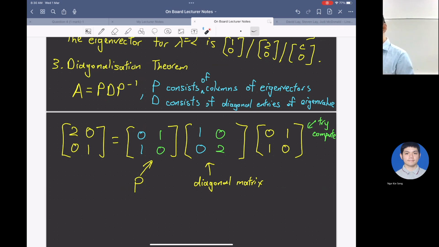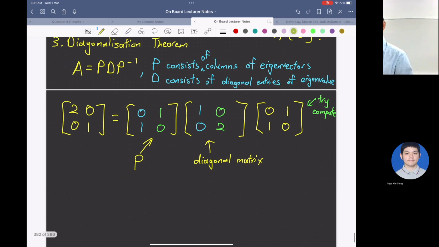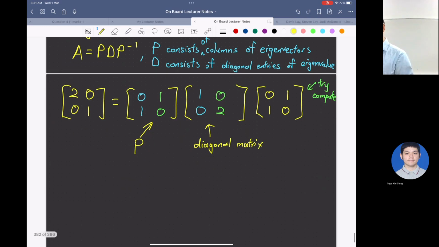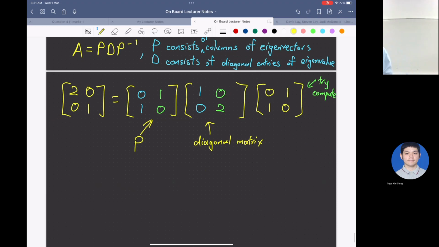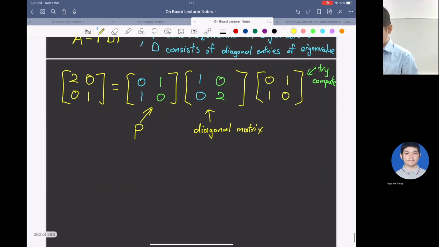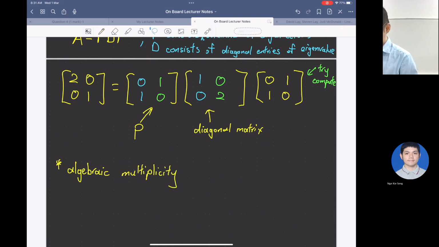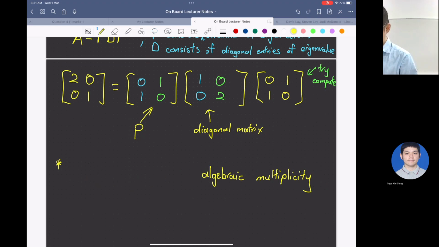Okay, let us stop here first. There's some issue with algebraic multiplicity and geometric multiplicity, where geometric multiplicity is less than algebraic multiplicity.